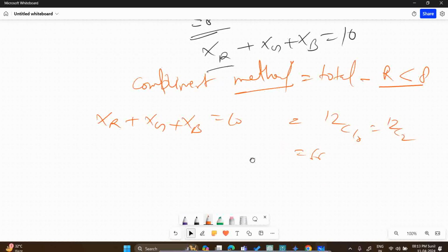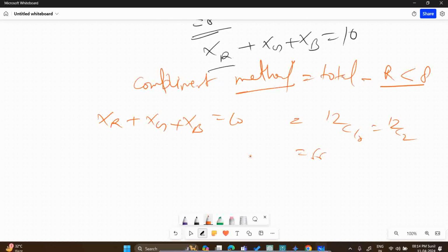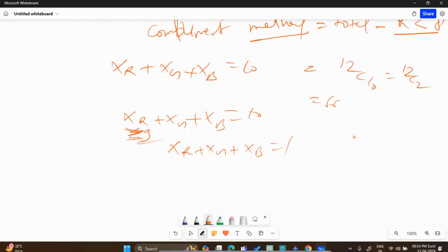But when r is greater than 8, that is, r is greater than or equal to 9, xR plus xG plus xB is equal to 10. Taking the lower constraint of 9 on r, we get xR plus xG plus xB equal to 1 only, and we have to distribute that.